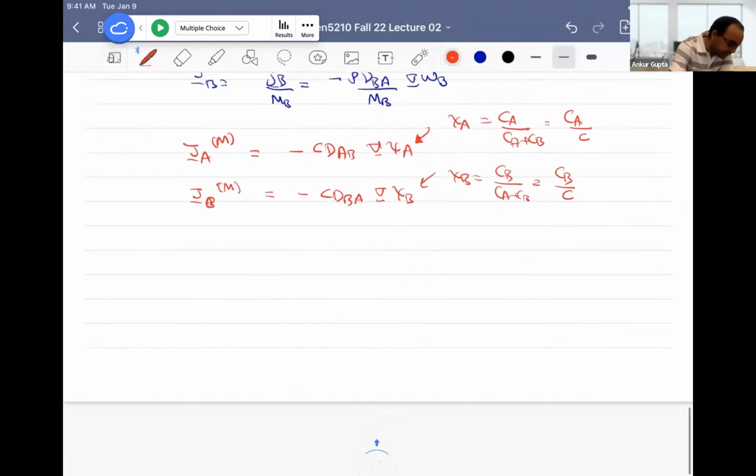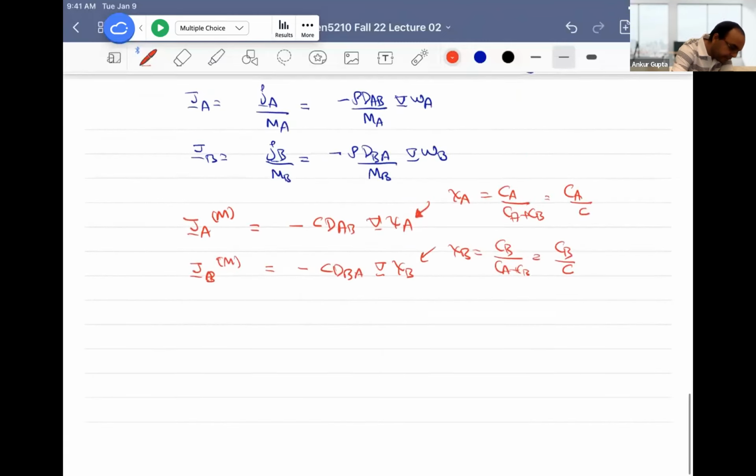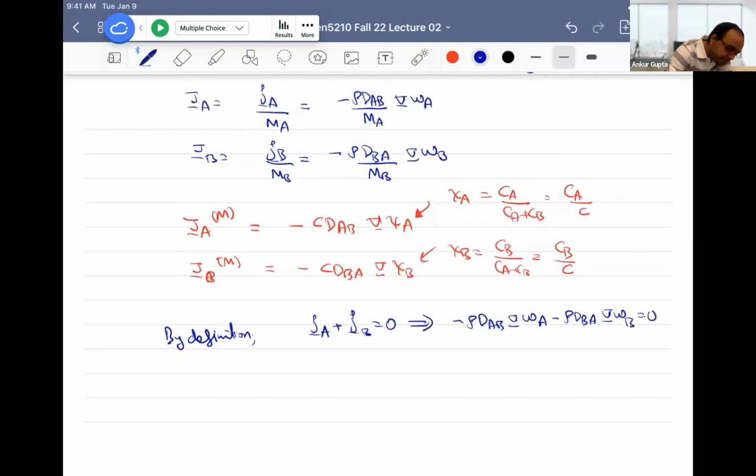So by definition, small ja plus small jb is equal to 0, which will imply, if you sum them, minus rho DAB grad gamma a minus rho DBA grad gamma b is equal to 0.